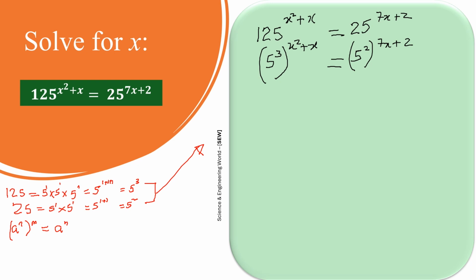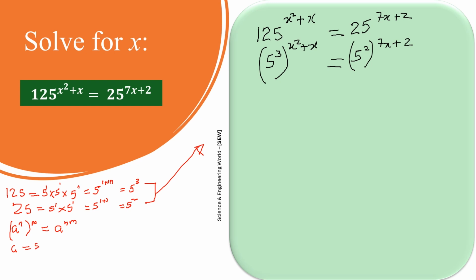Our a is the same for both the left hand and the right hand side, which is 5.